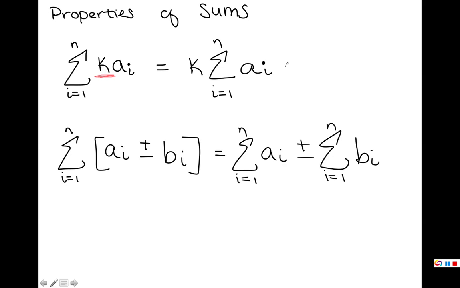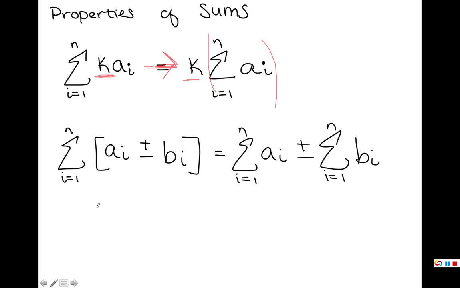This is basically the distributive property of multiplication, saying that if you have a constant times a sum, you can distribute that constant and multiply it by each term and then add them. But what we're going to be doing in our problems is frequently just pulling the constant out front when we have a constant times a function.